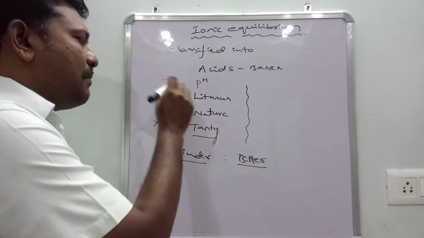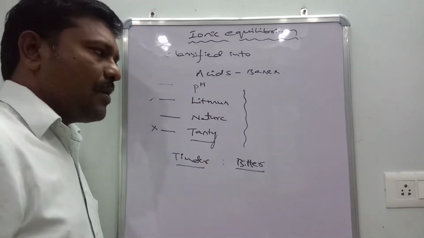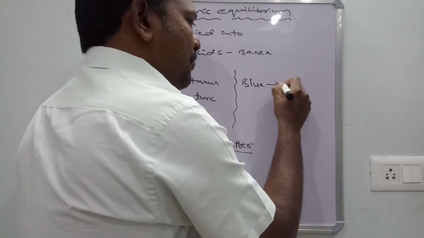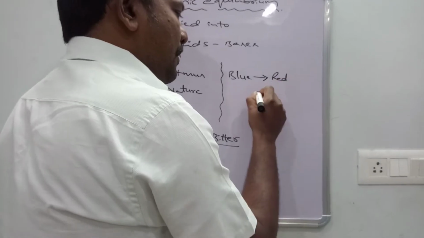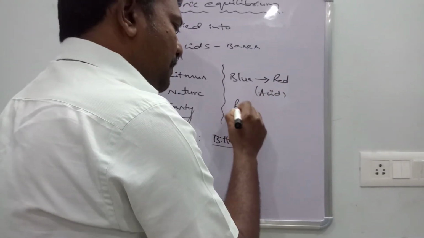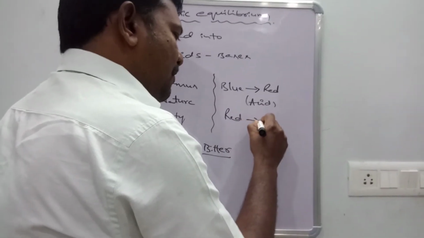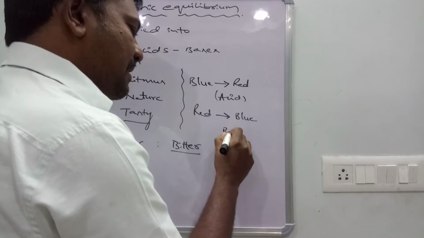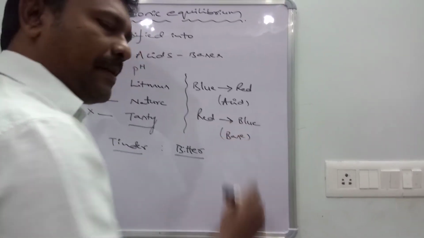One more example, the litmus test. Blue litmus paper converted into red litmus paper means the compound is an acid. Red litmus paper converted into blue litmus paper means a base. Actually it is a preliminary character.